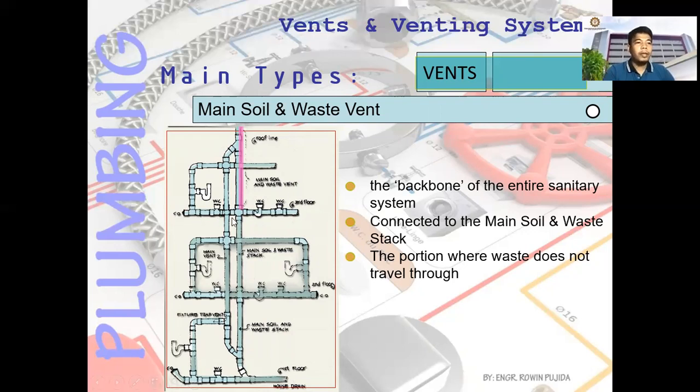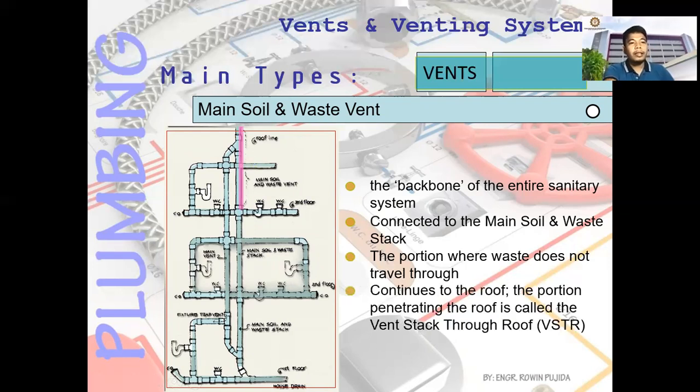And then the portion where waste does not travel through. Since maybe at this level, this is the top portion, or maybe the last story of your building. So at this pipe here, there is no waste traveling through it. And then it continues to the roof.